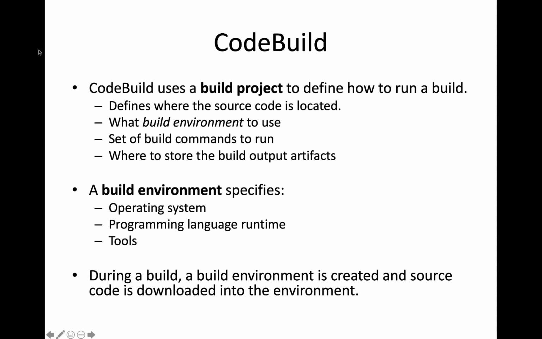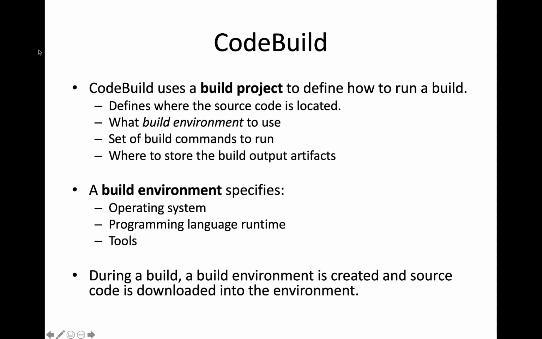Well, as part of the build project, you are specifying a build environment. The build environment consists of three different things. There's an operating system, which could be Linux or Windows.